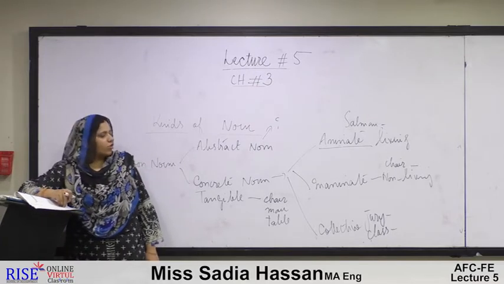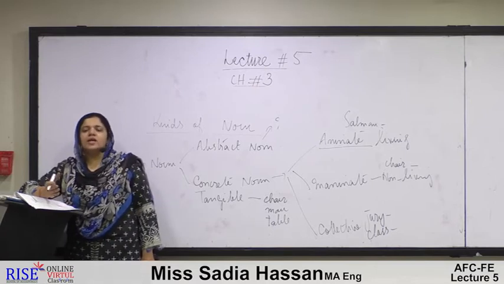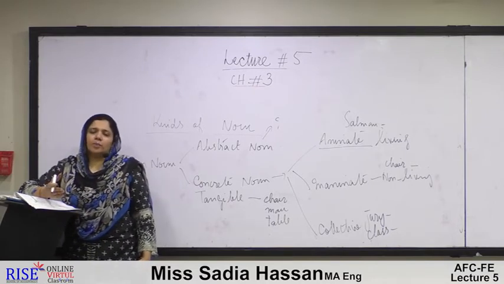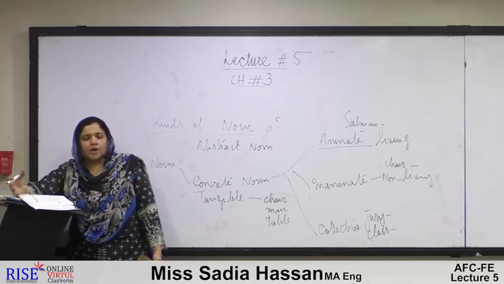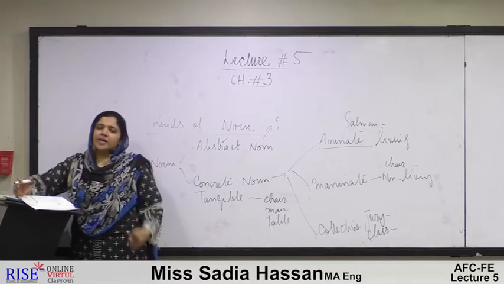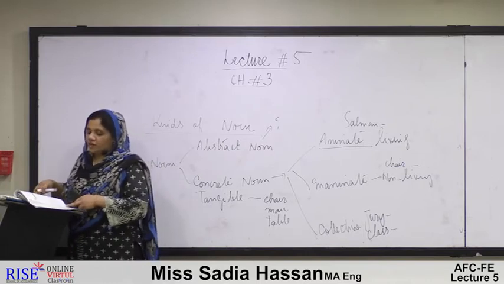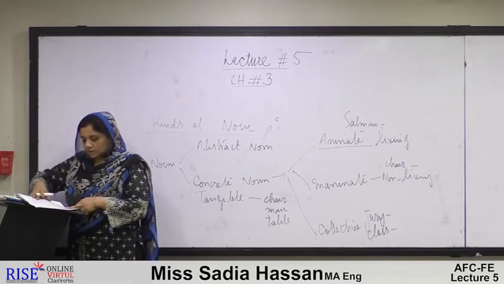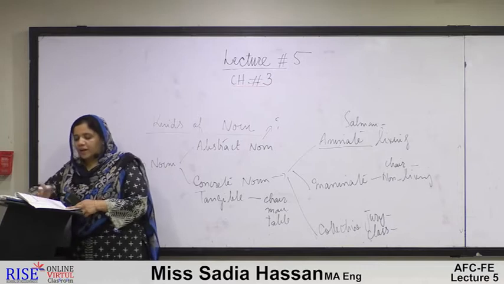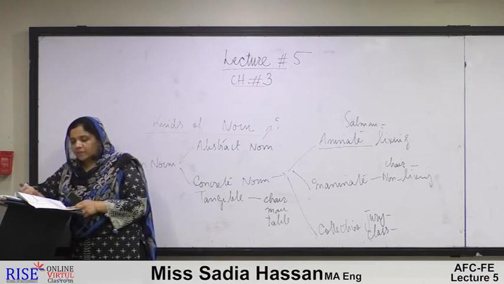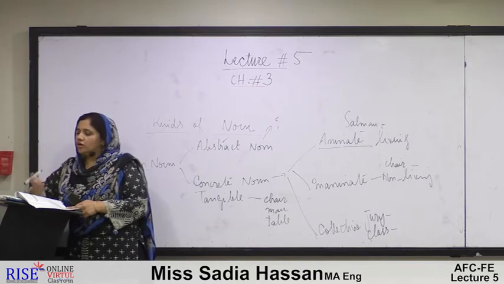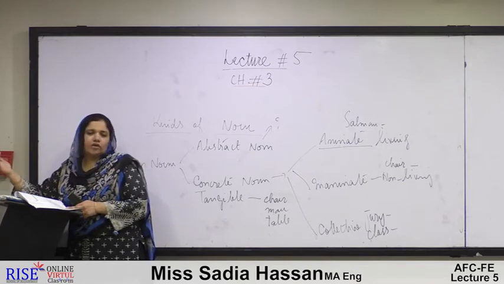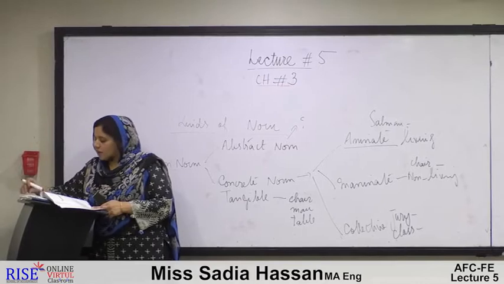Whenever we discuss the concrete noun, we see that there are many countables as well as uncountables. By countable nouns, we mean the things which we can count, and by uncountable, we mean the things which cannot be counted. For example, the uncountable nouns include butter, milk, rice, sugar, water. And the countables are all the things like the fan, the chair, the book, the cell phone or the pointer. They are all called countable nouns.